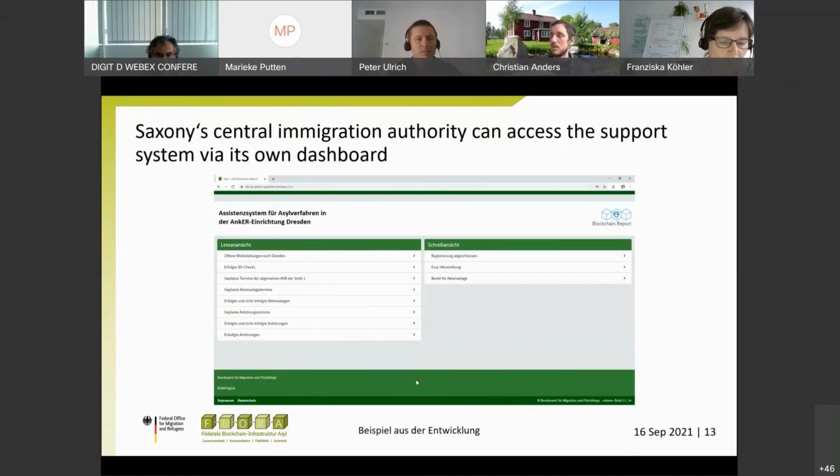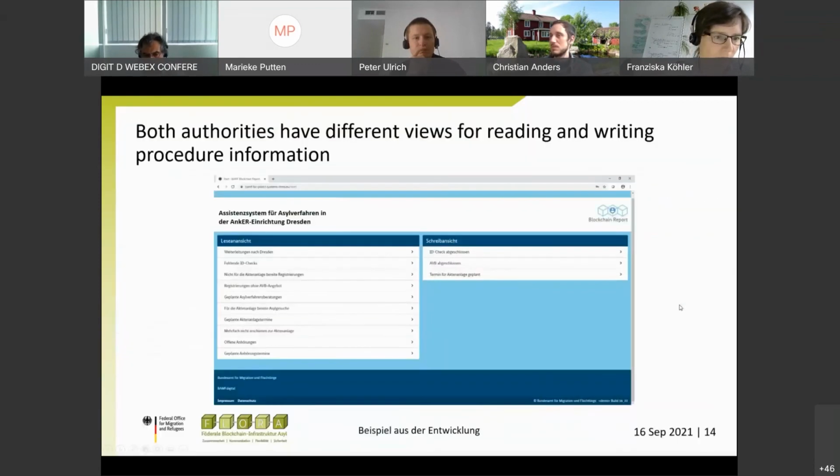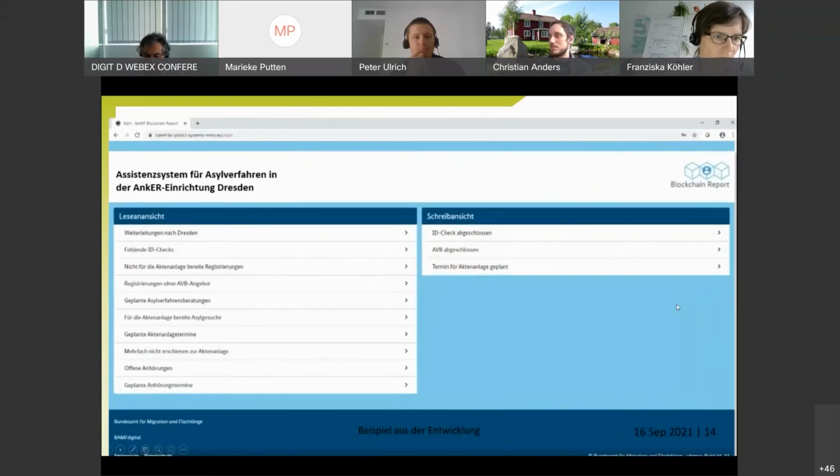You have certain steps where you can go into certain views which can be used by the local authority to make sure that the process gets supported by the system. And you have a really similar system, which looks really familiar. If you go to the next slide, you can see that the BAMF Federal Office basically has the same interface, and so this is how we interact with the blockchain system.